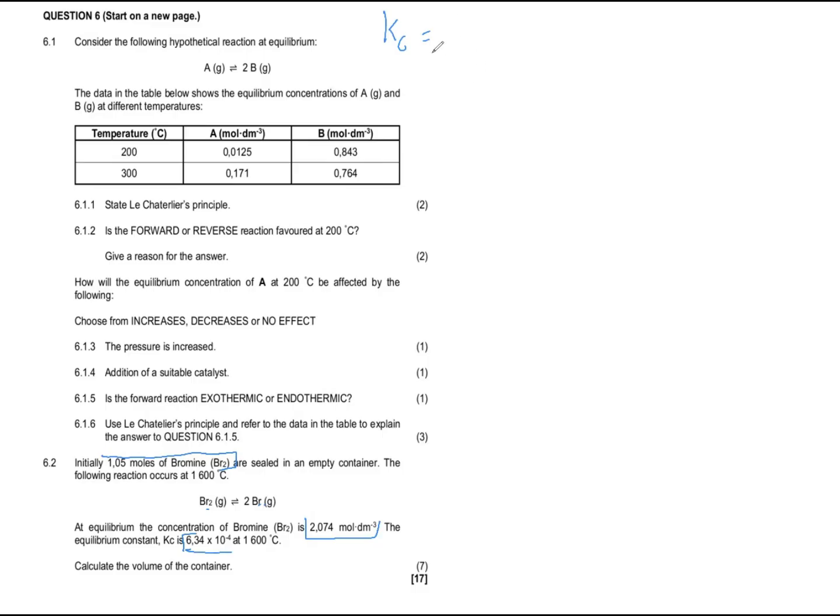Kc generally is the concentration of product over the concentration of reactant. So our product is bromine, but then we have a coefficient of 2, which should be taken as an exponent. And then here we have Br2. Now, we don't take a subscript as an exponent. What is taken as an exponent is the coefficient.